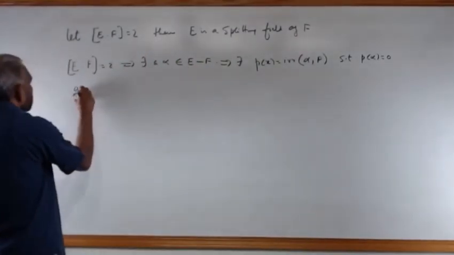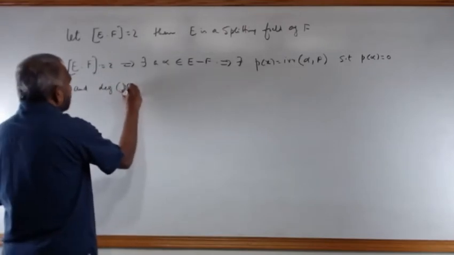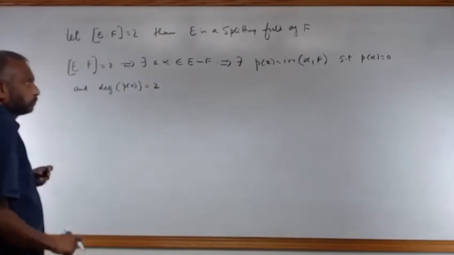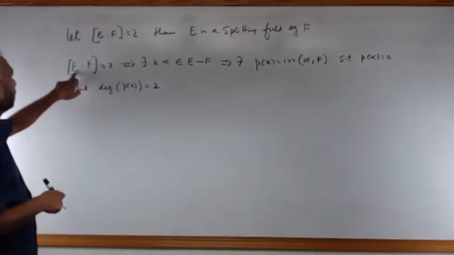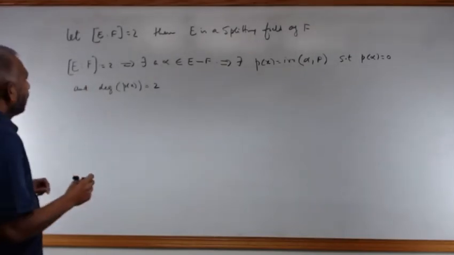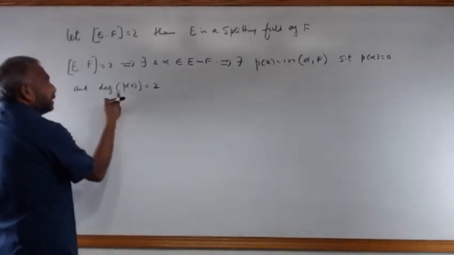And the degree of P of x is equal to 2, because the degree is 2 here. It's a monic polynomial.